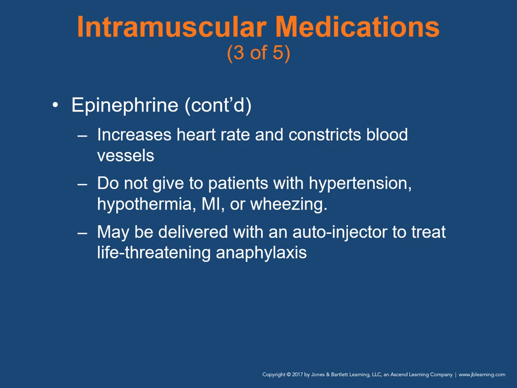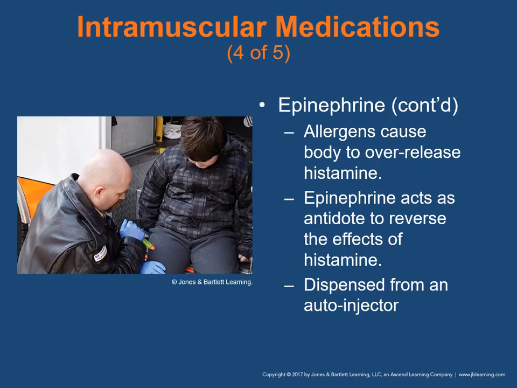Administering epinephrine by injection, which is permitted in some states, is used to treat life-threatening anaphylaxis. Anaphylaxis can come from insect venoms or other allergens that cause the body to over-release histamine.